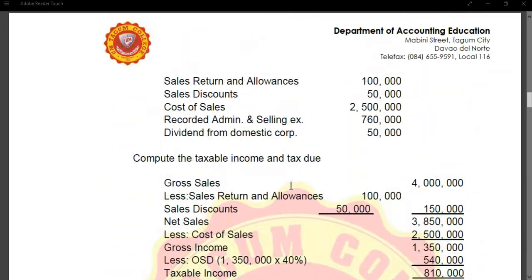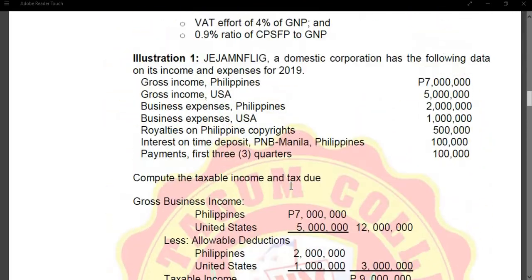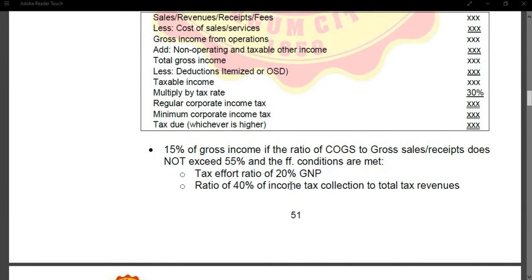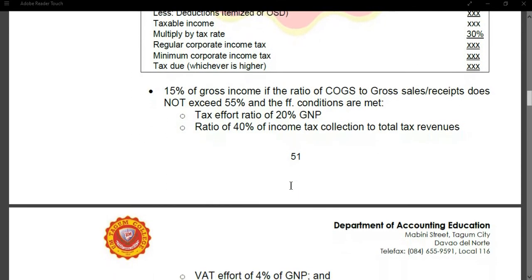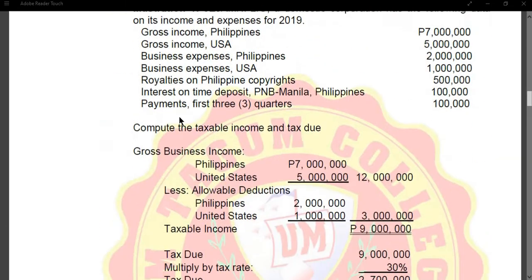So going back to the types of applicable taxes for corporation, the 15% gross income tax. So here are the qualifications. The first is that the cost of goods sold, or the ratio of the cost of goods sold to gross sales or receipts, should not exceed 55%, and this for further qualification.